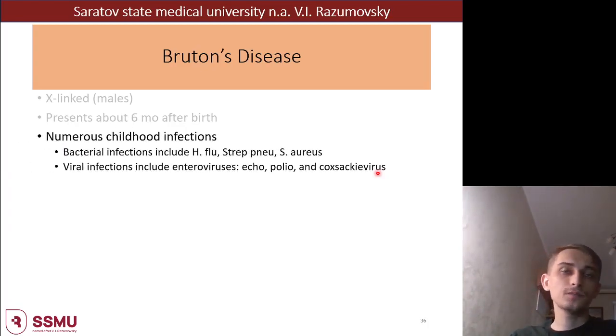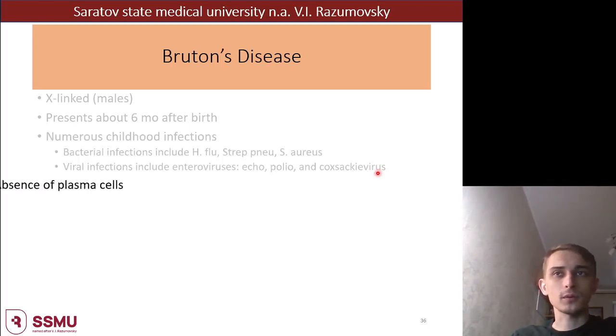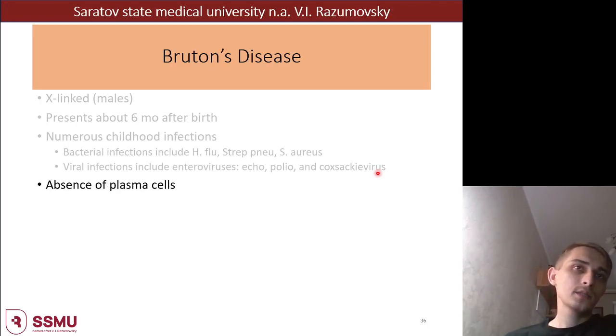We may see development of streptococcal pneumonias, also some streptococcal infections, staphylococcal infections, and so on. And also we may see rising of viral infections here, poliomyelitis, coxsackie, echovirus, and so on. The typical change in the peripheral blood is absence of plasma cells.